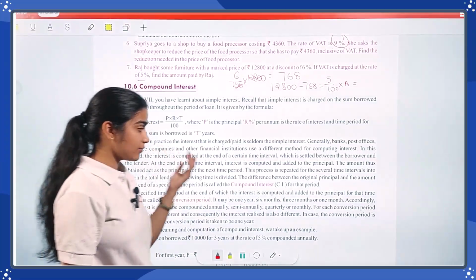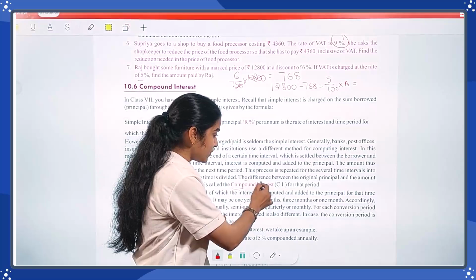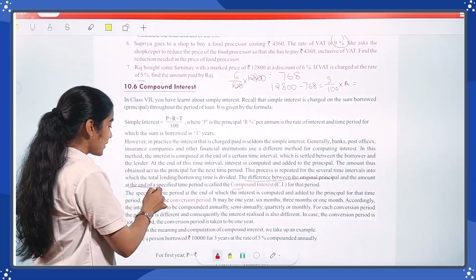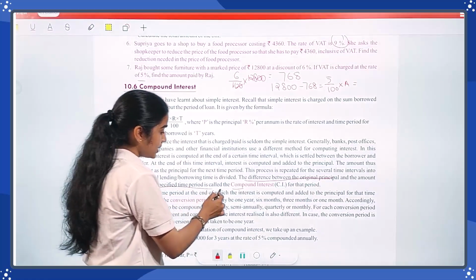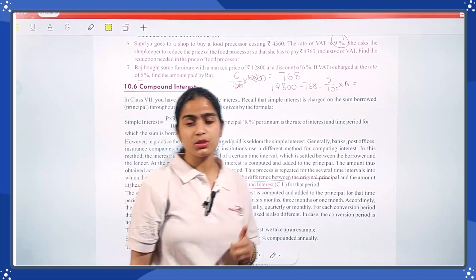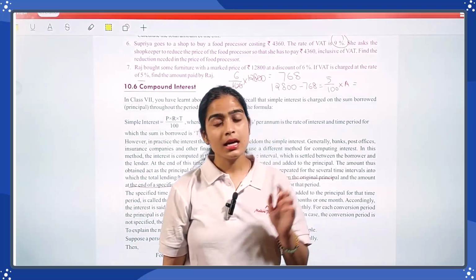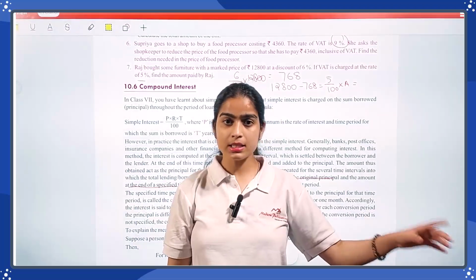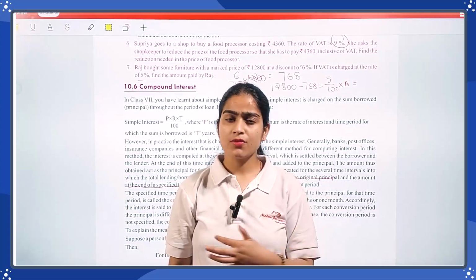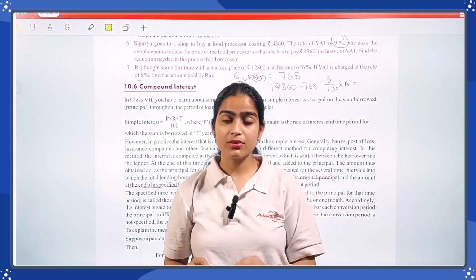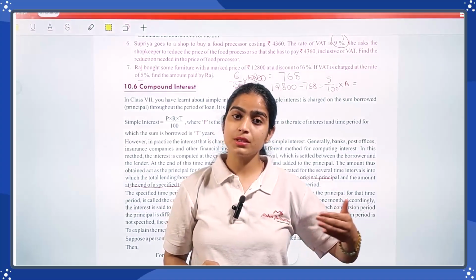So basically, the difference between the original principal and the amount after a specific time period is called the compound interest. We have two kinds of interest. The first one, simple interest, and the second one, compound interest. In simple interest, we have in all cases the same principal, for 3 years, for 5 years. The principal stays the same. But in compound interest, we have to change the principal with time.